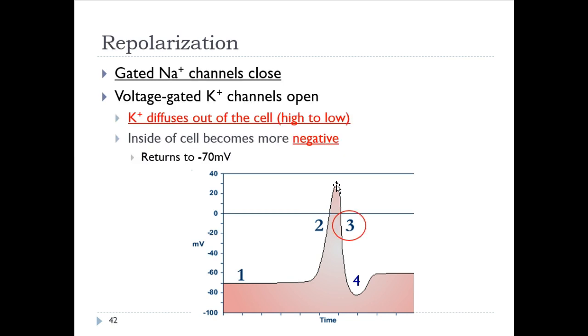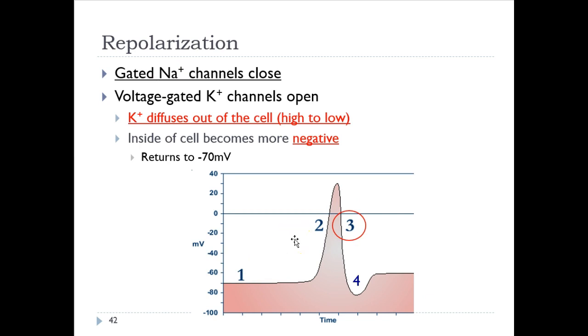We have to now repolarize that event because we can't keep going positive, positive, positive. And how would we repolarize? Meaning that we have to get the sodiums out and the potassiums in. And how we're going to do that is by those gated sodium channels have to close. If we don't close them, sodium's just going to keep rushing in.